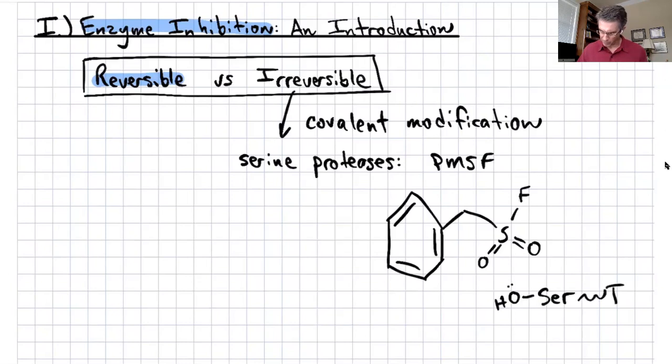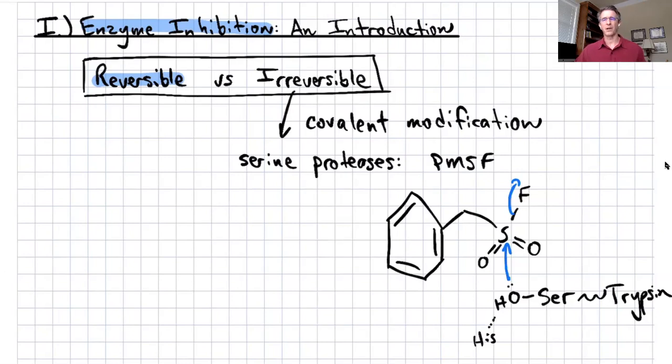So off over here, say trypsin, rest of the enzyme here. And of course, we have our histidine over here at hydrogen bonding distance to that serine hydroxyl. And in the same way that trypsin would normally do its thing, with that serine nucleophile attacking the carbonyl, it will happily attack that sulfonyl group, liberating fluorine, resulting in this sulfonyl conjugate that is basically not reversible.